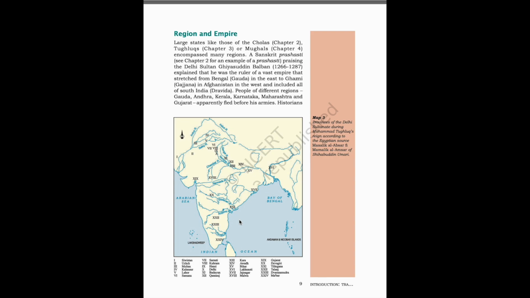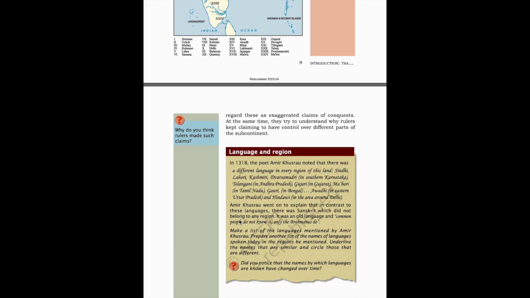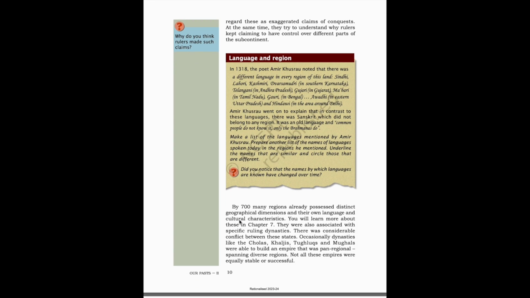People of different regions, Gauda, Andhra, Kerala, Karnataka, Maharashtra, and Gujarat, apparently fled before his armies. Historians regard these as exaggerated claims of conquests. At the same time, they tried to understand why rulers kept claiming to have control over different parts of the subcontinent.